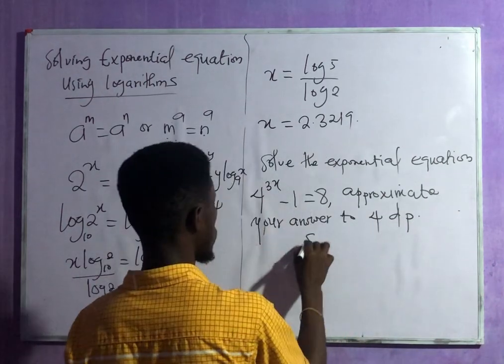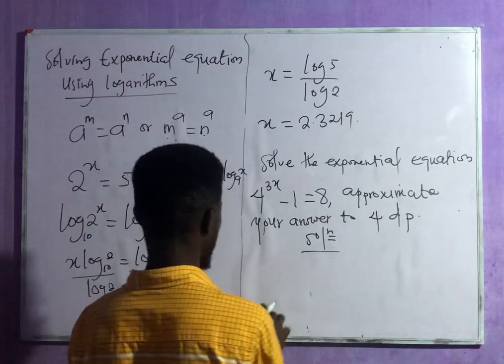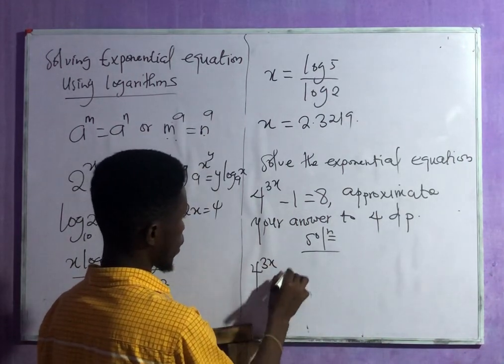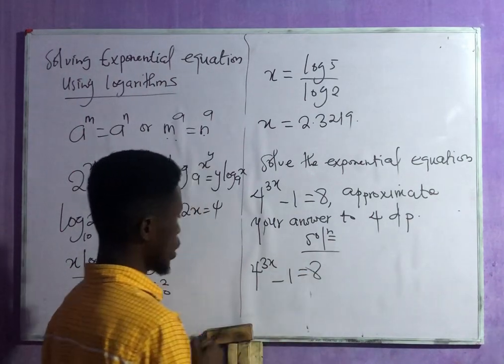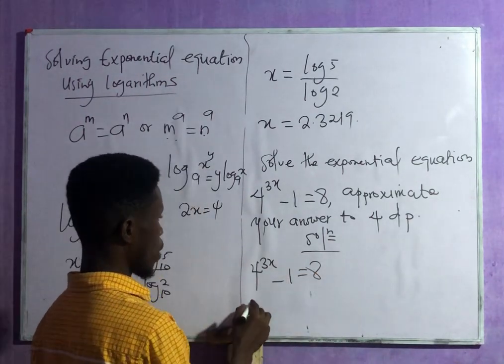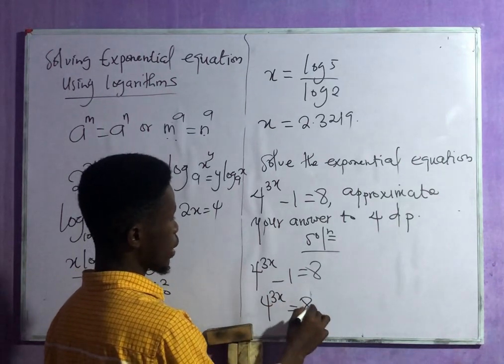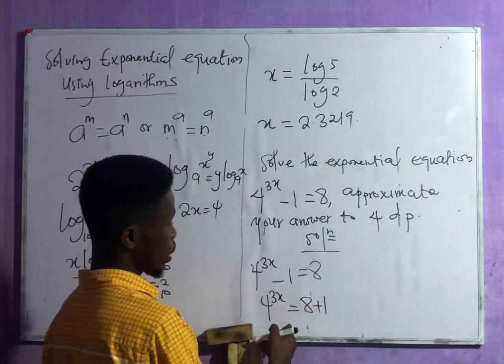Okay, so let's see how we can solve this question. We have 4 to the power 3x minus 1 equals 8. I can easily send this 1 to that side. That will give me 4 to the power 3x equals 8 plus 1.